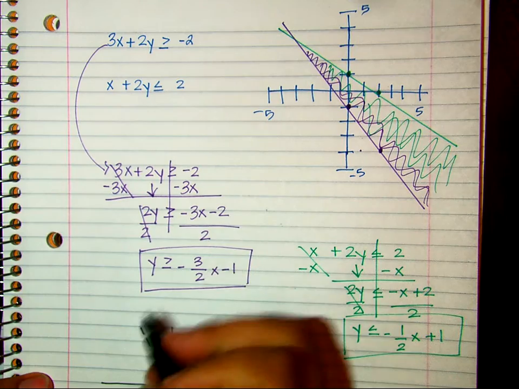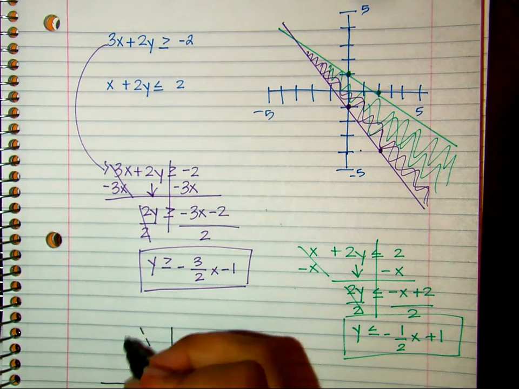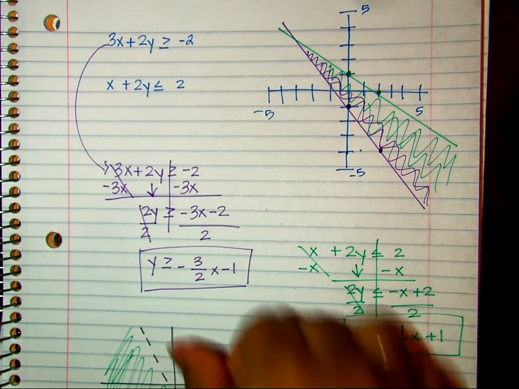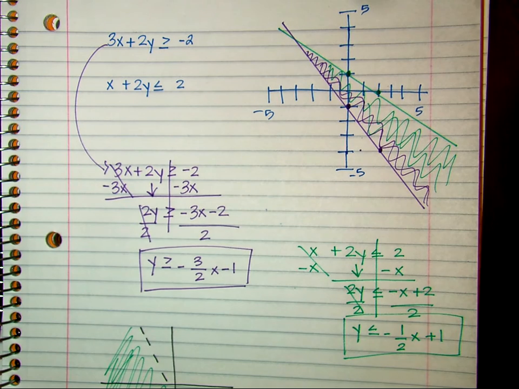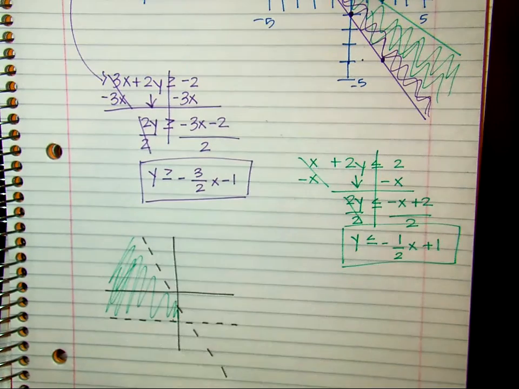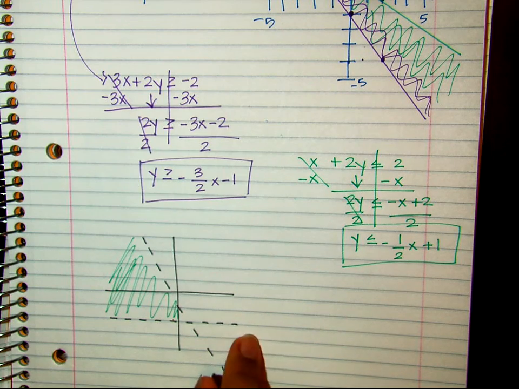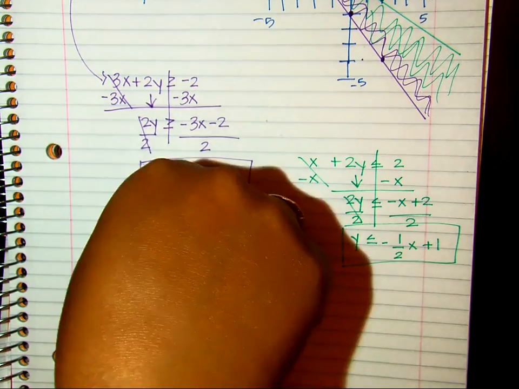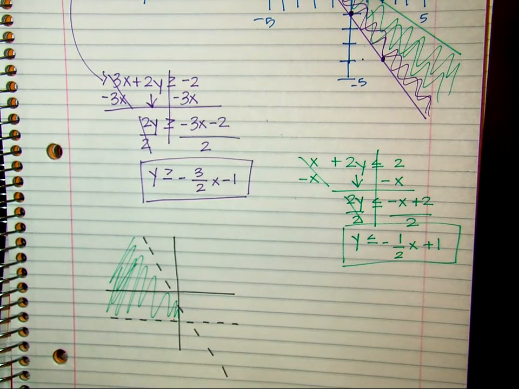And I'm going to shade in this area. That means everything that is shaded in the green area, so all of the plotted points that would be in this green area here, that would be my solution set for these two lines. But whatever lands on this dotted line and this dotted line would not be included.